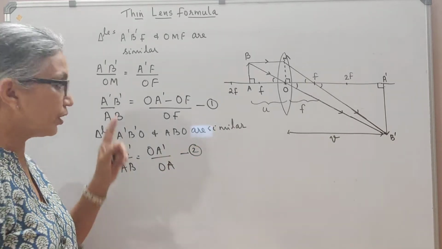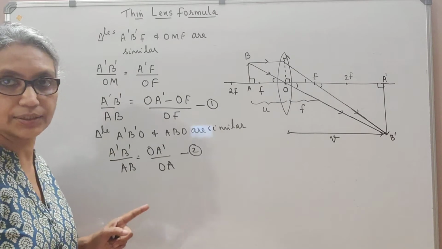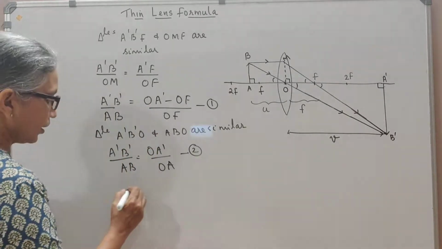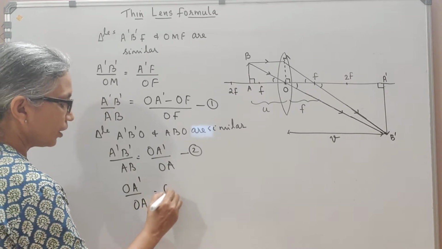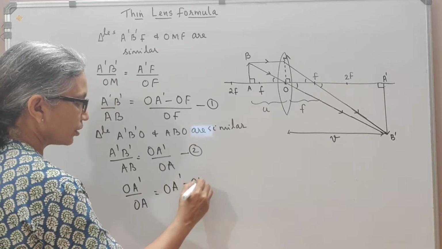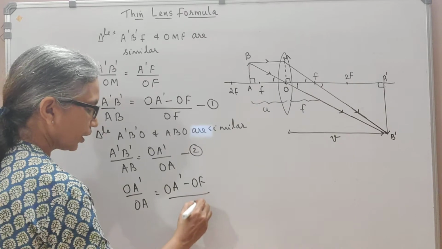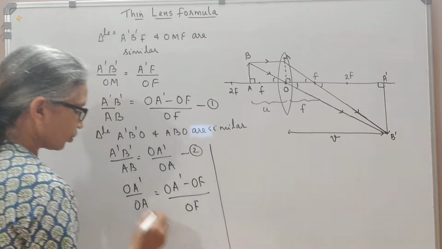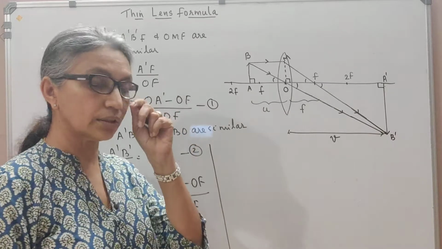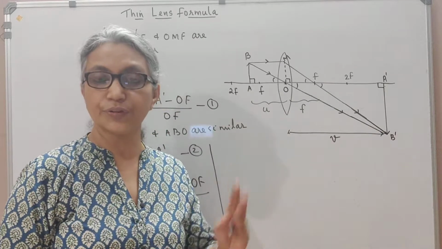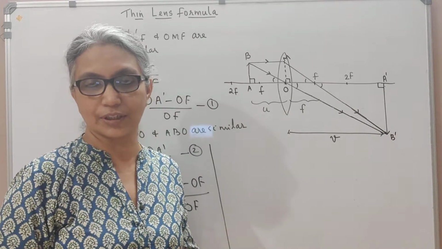Now if you look at the first and the second equation, the left hand sides are the same. So I may equate the right hand sides and write OA' by OA must be equal to (OA' minus OF) by OF. Now I'm going to substitute the values in terms of u, v, f. In 10th standard you've learned that the direction of incident light is taken to be the positive direction.